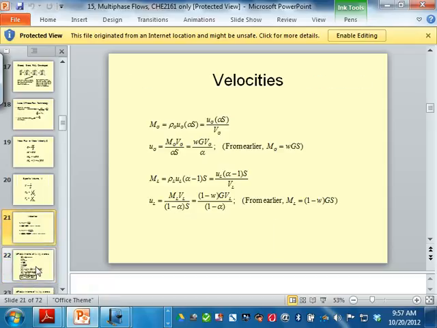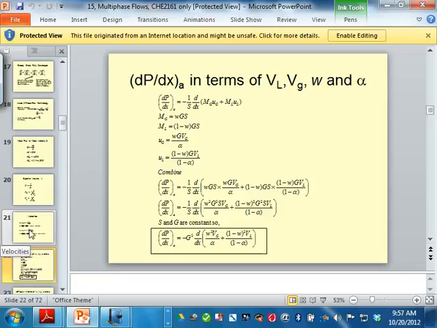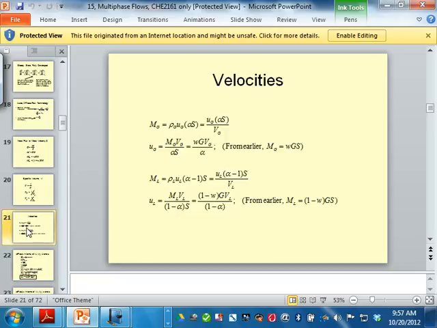Let's look at this one, mg. The mass of the gas is rho times velocity times area.